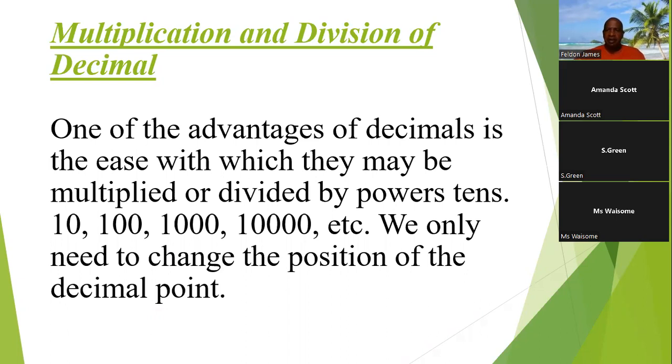And when we move the decimal point, we are going to move either to the right or the left, depending on what we are doing. If we are multiplying, we are going to move the decimal point to the right, and if we are dividing, we're going to move the decimal point to the left. Now, the number of zeros in the power of 10 tell you how many places you're going to move it.